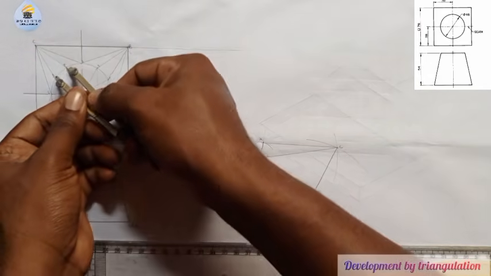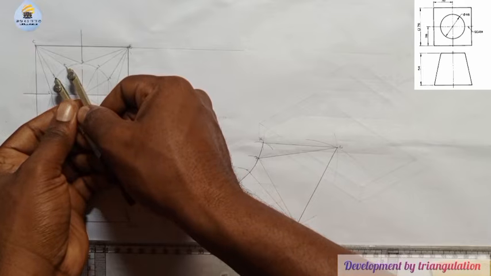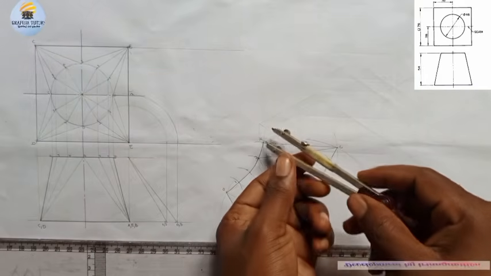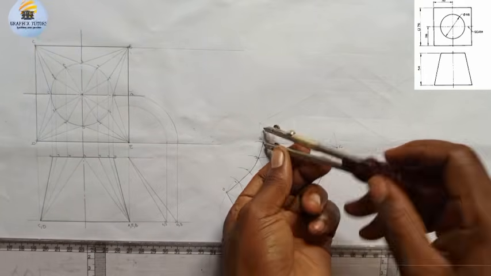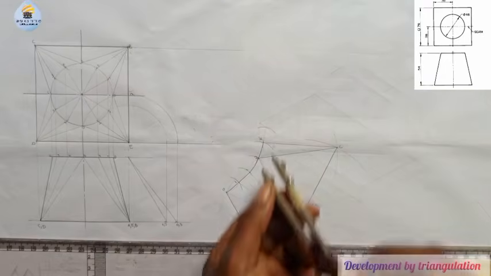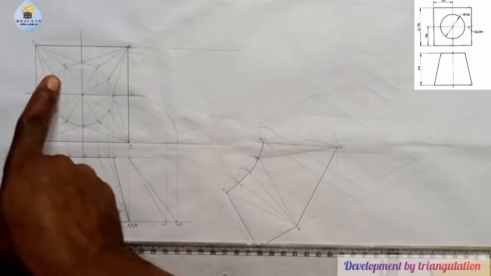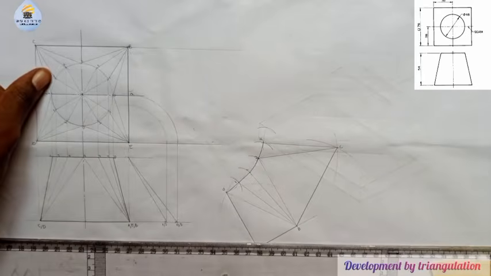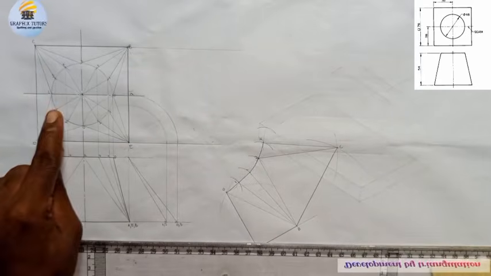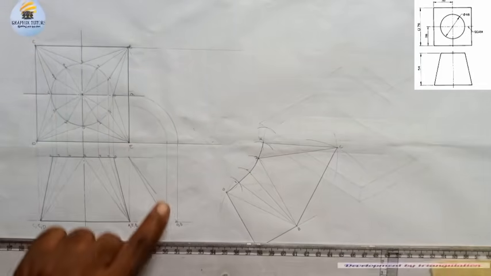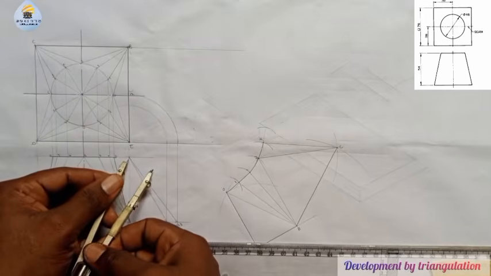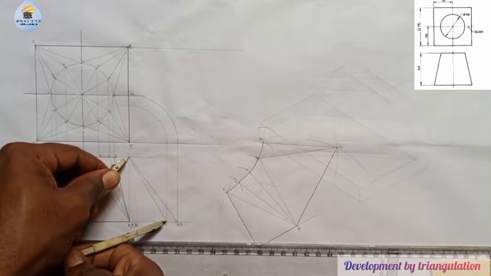4 to 5. You can see that? So I'll place it at point 4 here and strike another arc this way. Now the next one will be C to 5. What do you notice? 5 and 5, 5 and 1. So I need point 1 here. So I'll come to this point and mark point 1 at this point here.